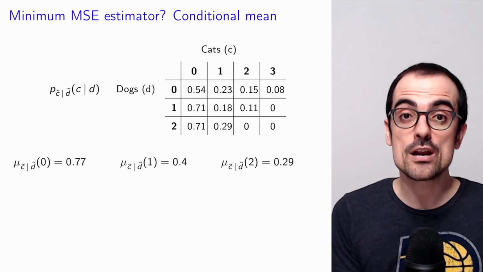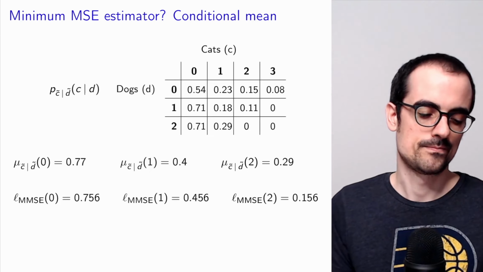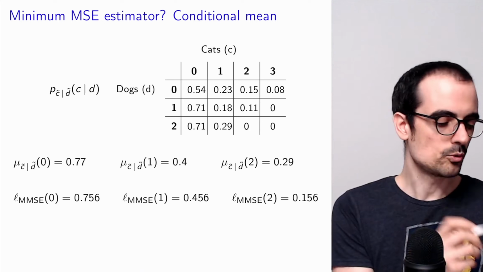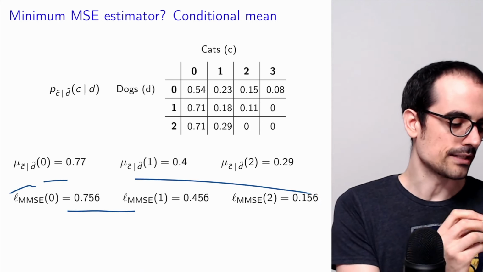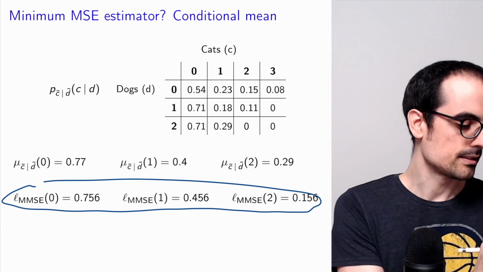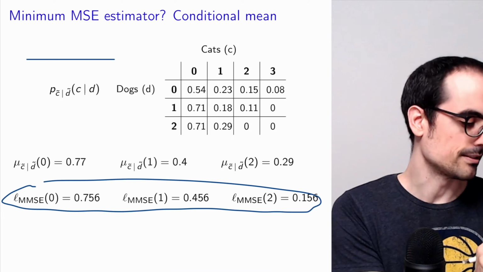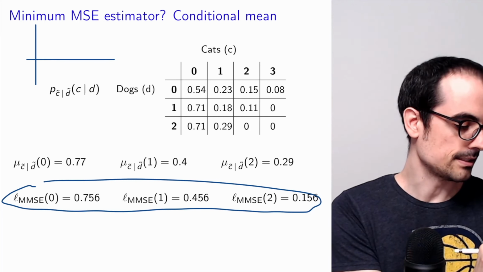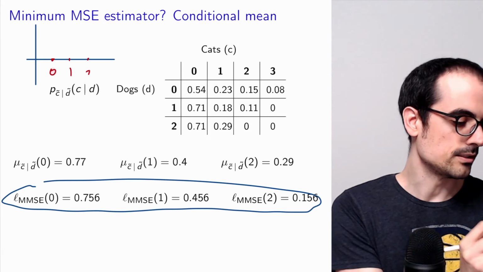Now we can compare this to our linear estimator. It's quite similar, but it's a bit different. We have to realize that this linear estimator is constrained. If you imagine it as a function, maybe I should have just plotted it, but since I didn't, let's say that this is 0, this is 1, and this is 2.